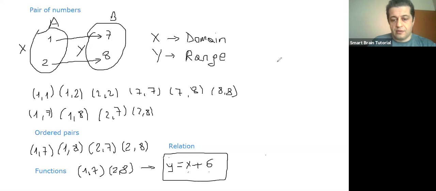So the most important thing in a function is, in fact, how to draw the graph of a function, because the graph of the function contains all possible ordered pairs that a function may have.